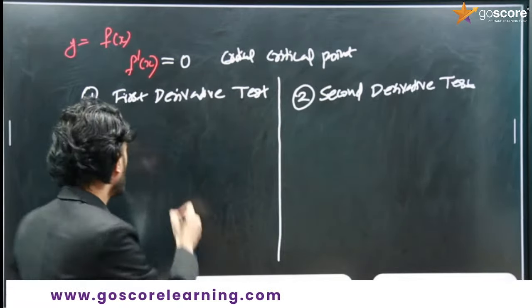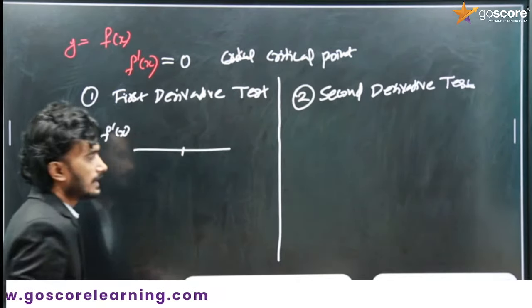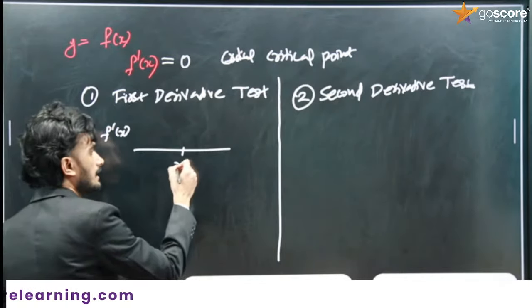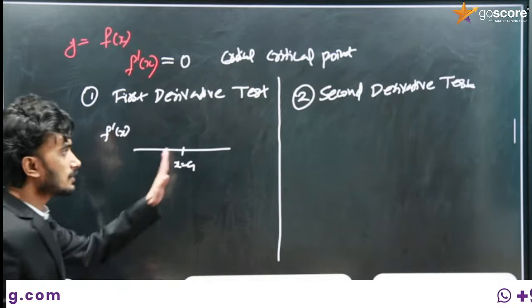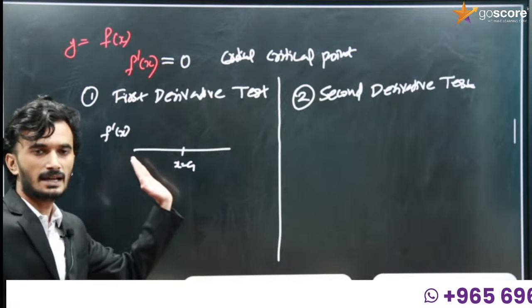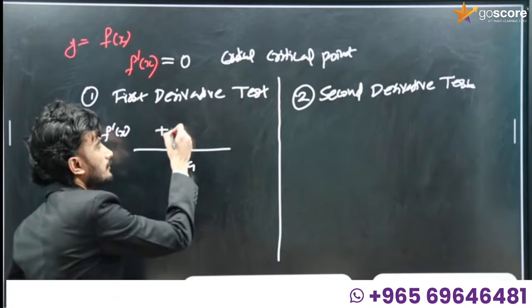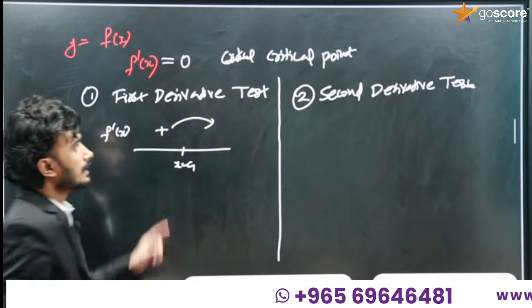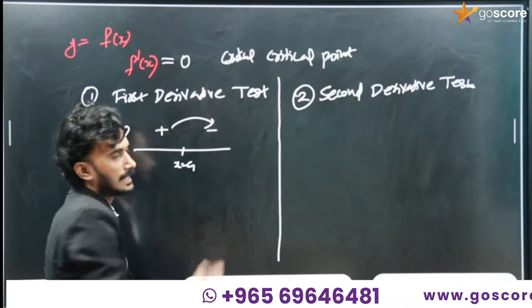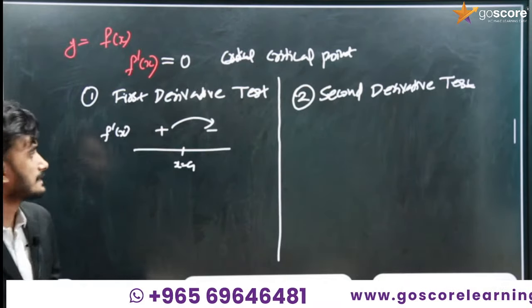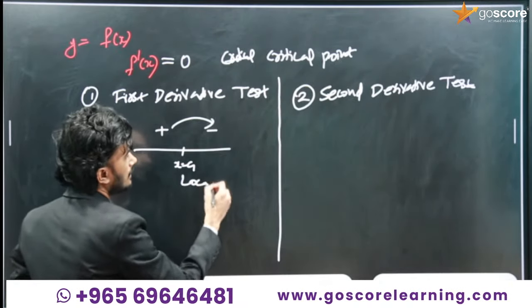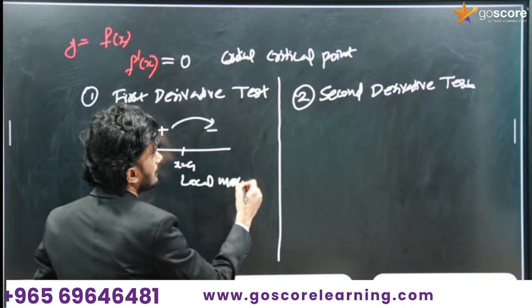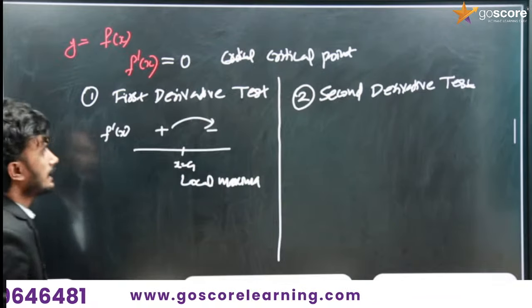Then in f dash of x, I am taking x is equal to c1. So from the left side, it is from positive to negative. That means decreases. It is called local maxima. Local maxima.